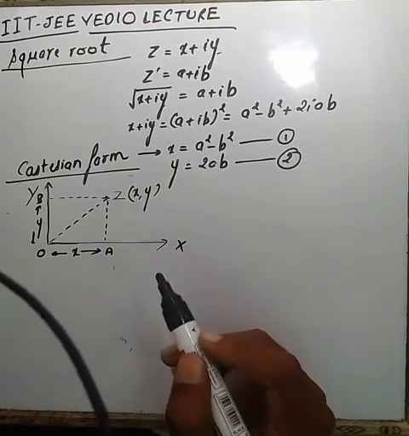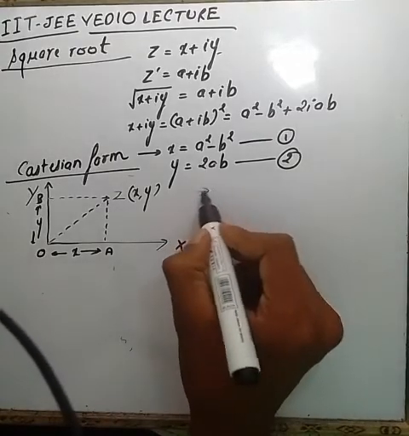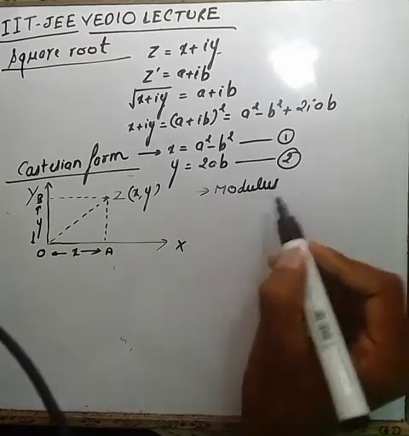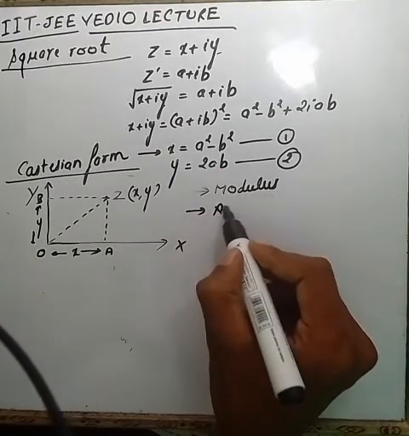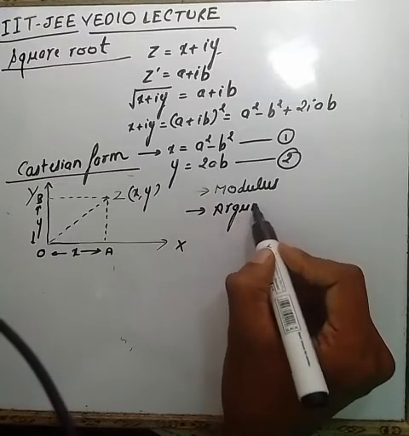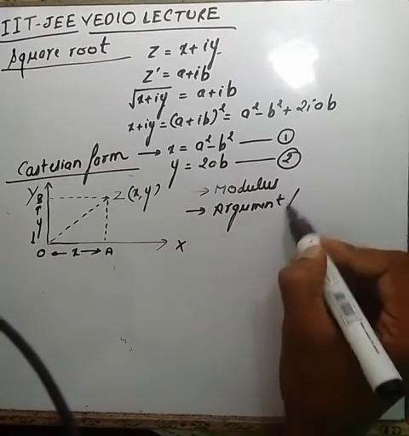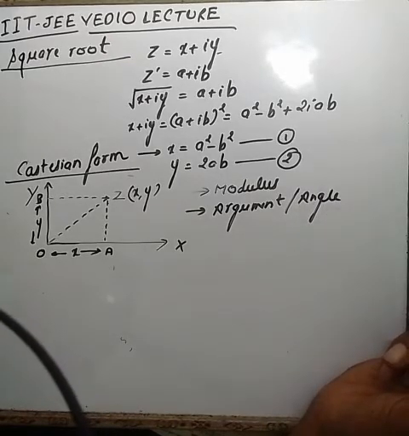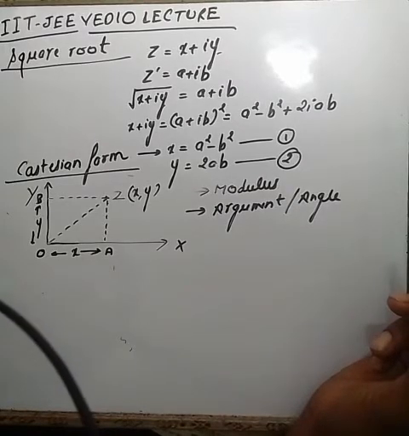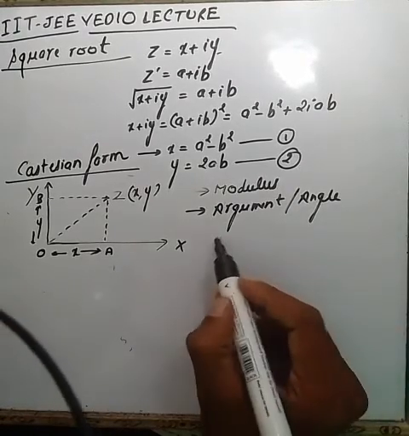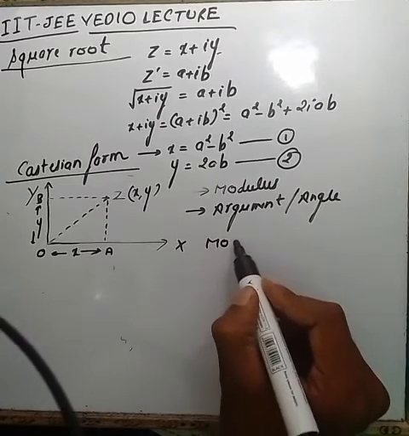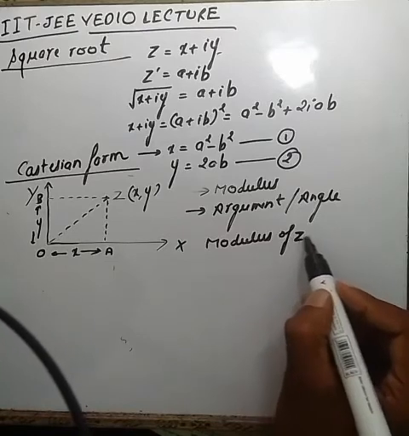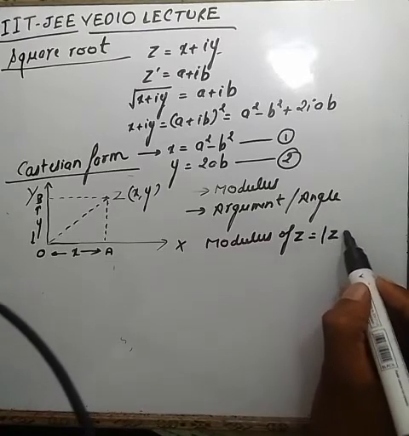So after that we will see two things: one is the modulus and the other is the argument or angle. So the modulus of any complex number z will be mod of z.